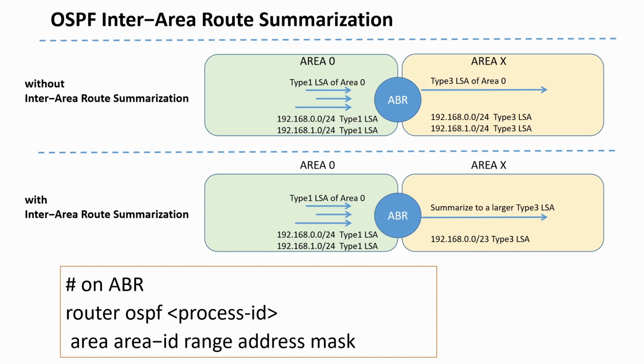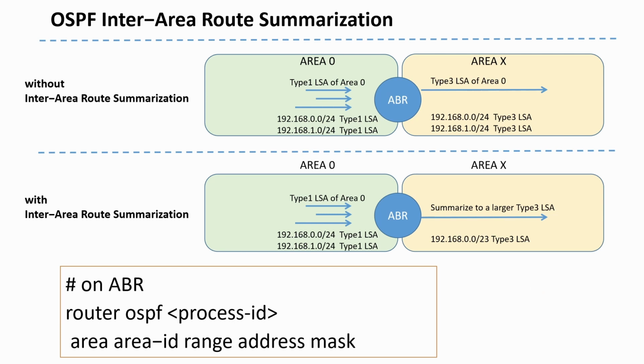Without inter-area route summarization, this Type 1 LSA will be simplified as a summary route, keeping the same prefix, and sent to area X. Just like the diagram shows, for instance, there is 192.168.0.0/24. This is a Type 1 LSA. The detailed information will be removed, just keeping the same prefix 192.168.0.0/24, and sent to area X as a Type 3 LSA.